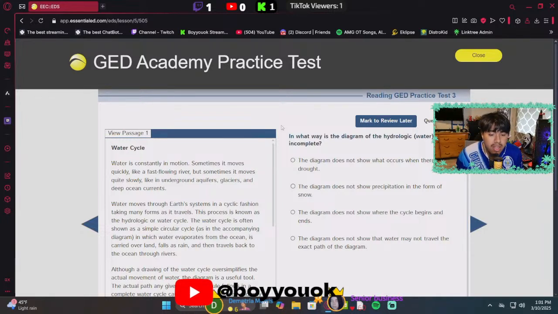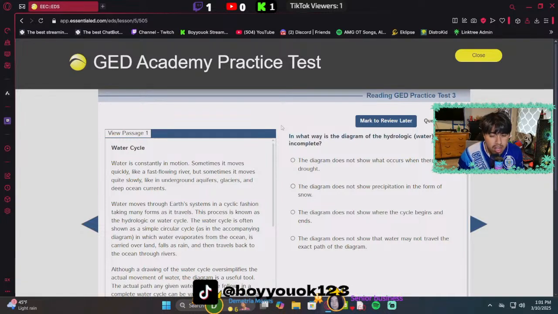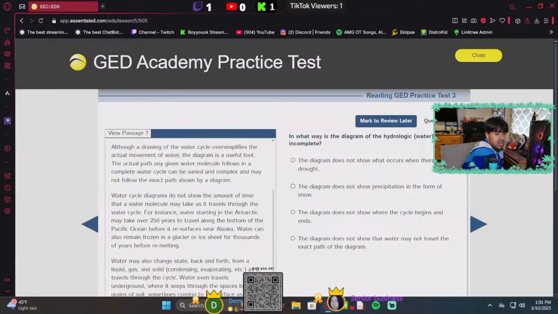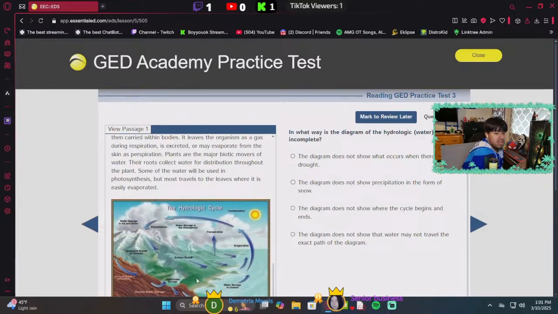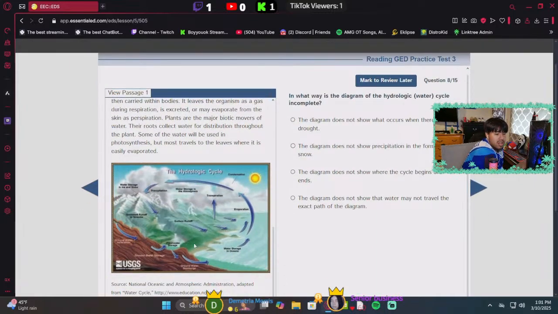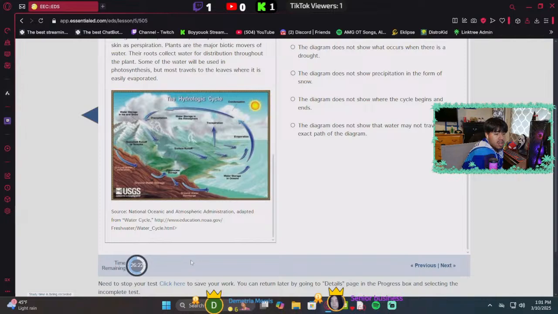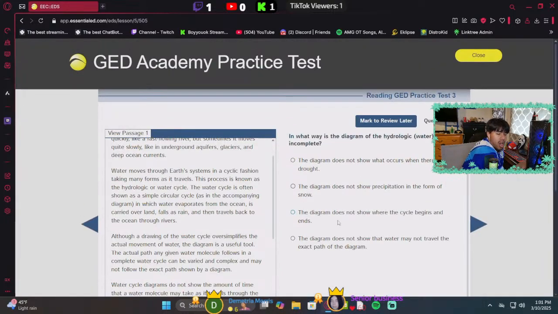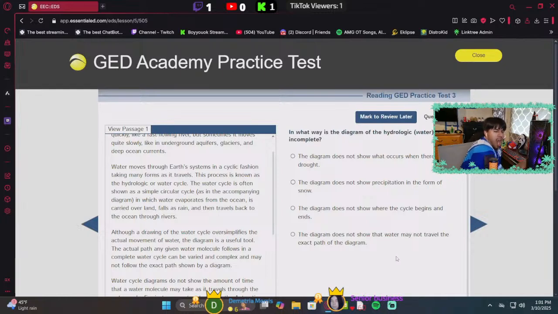In what way is the diagram of the hydrologic cycle incomplete? Oh, crazy work.